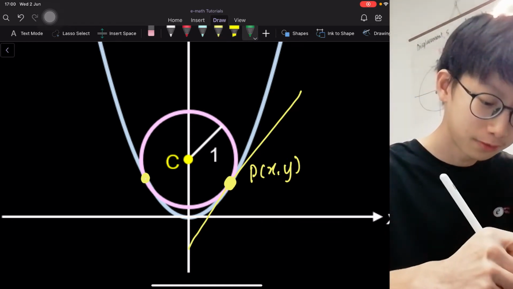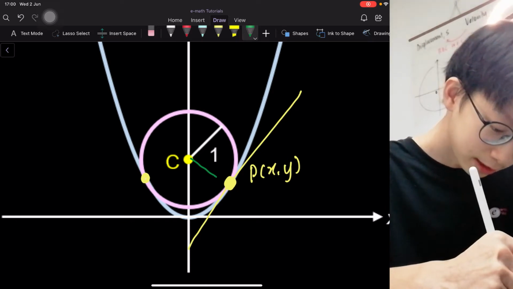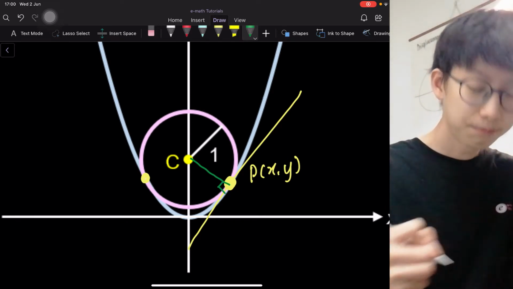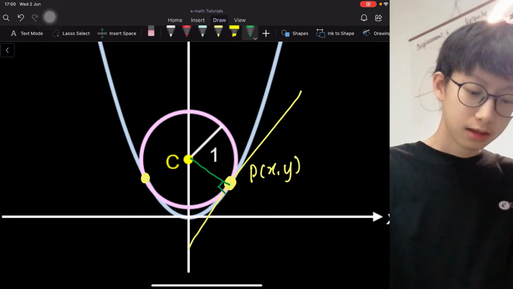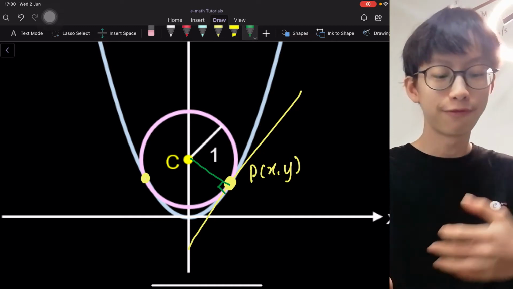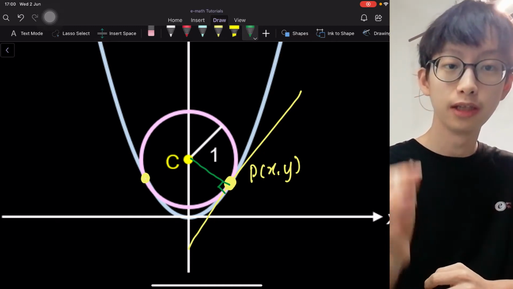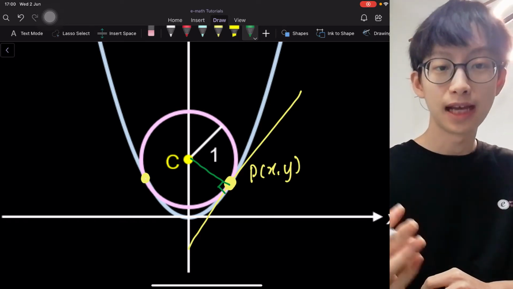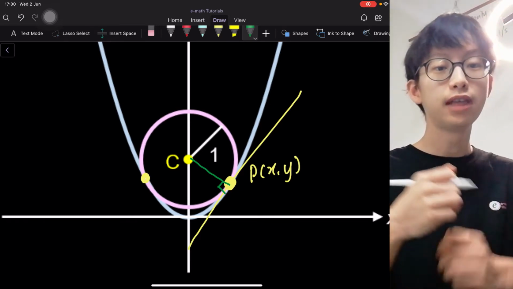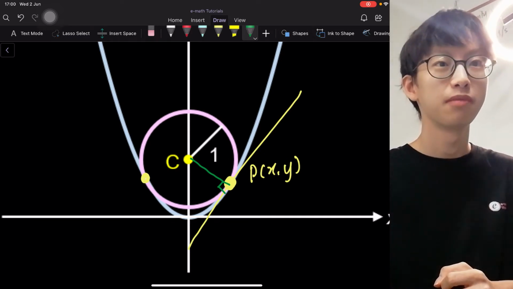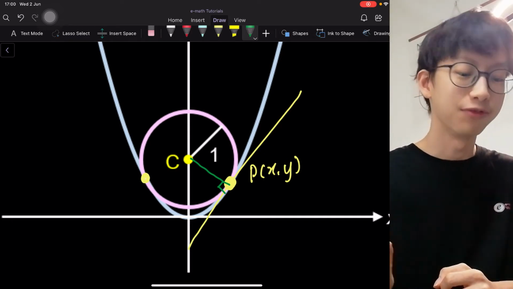You simply draw a radius connected to the center of the circle. You'll notice that it is always perpendicular. Which means if we are able to find the equation of tangent to the parabola and the equation of tangent to the circle, we can equate them together to form another equation to get rid of some unknowns, right?